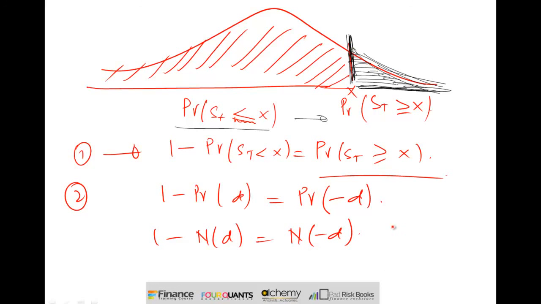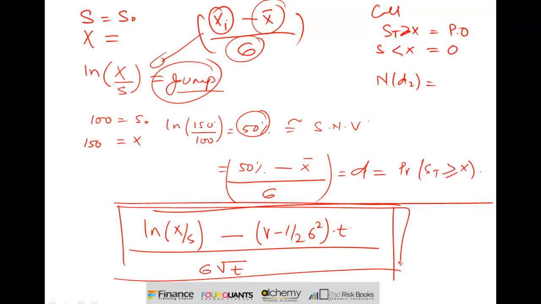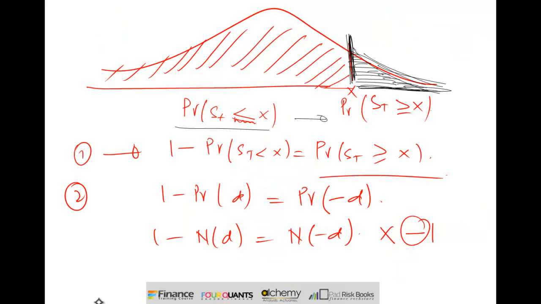So all we need to do is multiply the work that we've done in the previous step with minus 1, and we'll have minus D. So if we multiply what we've done with minus 1, what do we get?